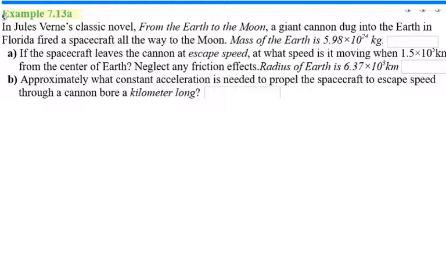If we assume that the potential energy at the center of the planet is 0, then at the moment when the spacecraft is being launched, it has kinetic energy, which is 1/2 the mass of the craft times the initial velocity, or escape velocity, squared. It also has potential energy because it is the radius of Earth away from the center of Earth. So I have plus the potential energy, which is negative G times the mass of Earth, times the mass of the craft, over the radius of Earth.